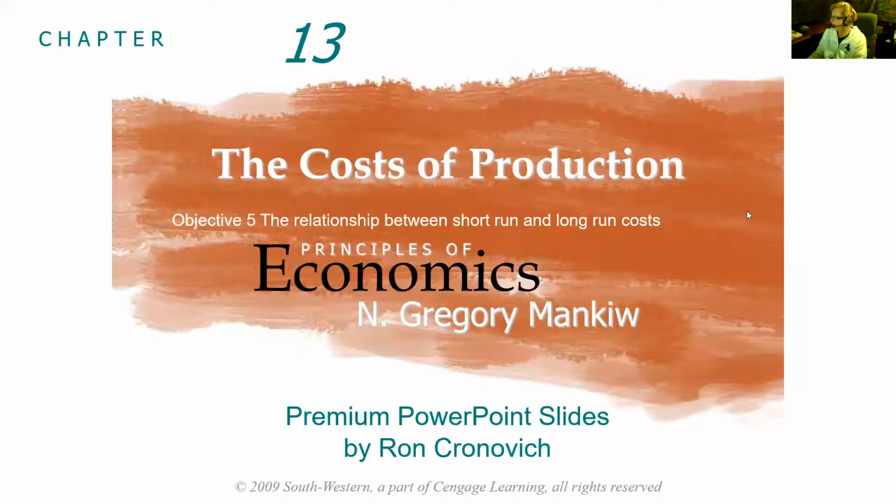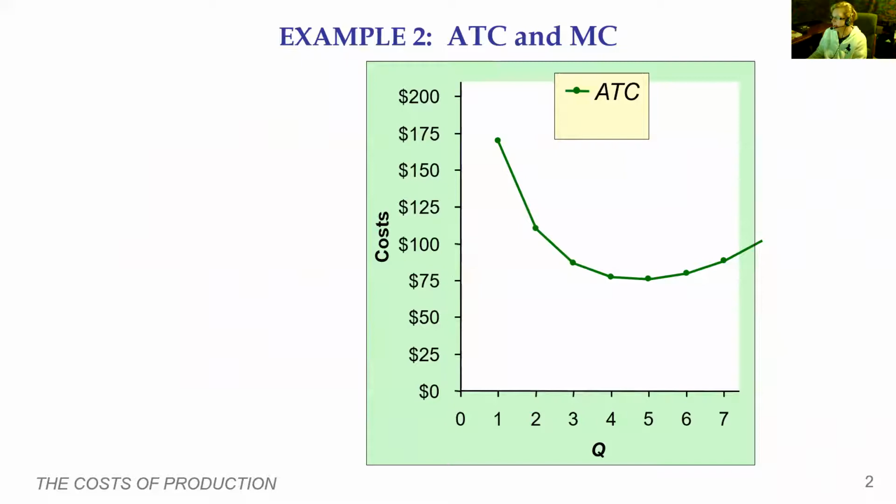Okay. So again, we're going to look at the relationship between short and long run costs here, and take a look where we left off. Remember, we were looking at the example in the last objective where average total cost and marginal cost meet. And remember, we said that it was important to take a look at where the two lines, marginal cost and average total cost, meet, which would be this point right here.